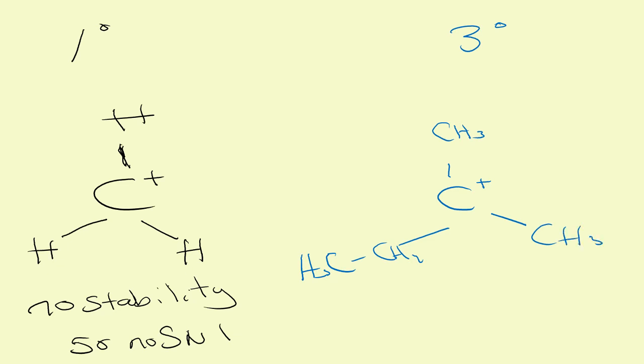Well, each of these bonds has an inductive effect which pushes the electron density towards it. So that's electrons pushed, and that's called induction. Now, where you've got that, it stabilizes it.